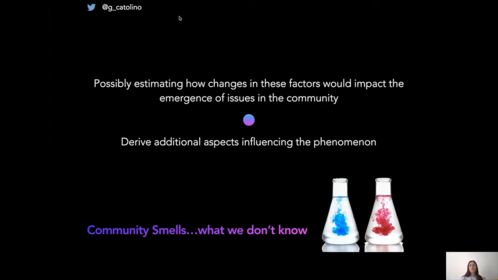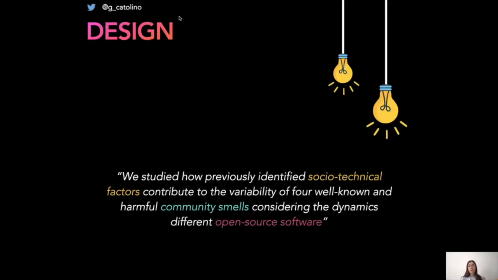Of course, this study and its results make it possible to estimate how a change in these factors would impact the emergence of issues in the community, as well as to derive additional aspects influencing the phenomenon. So the design and the goal of our study was to investigate how previously identified socio-technical factors contribute to the variability of 4 well-known community smells, considering open source projects.